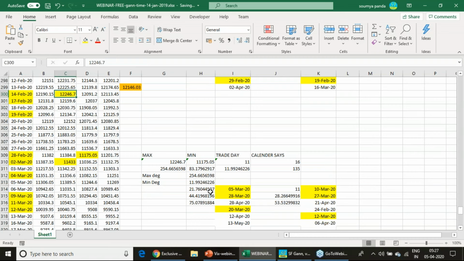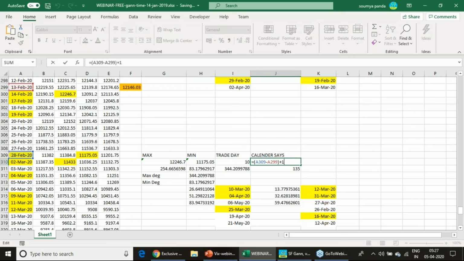So February, and this is the low on 28th February. So here the entire thing will change. Here my trading days come to 310, and the calendar days also have to be 310.